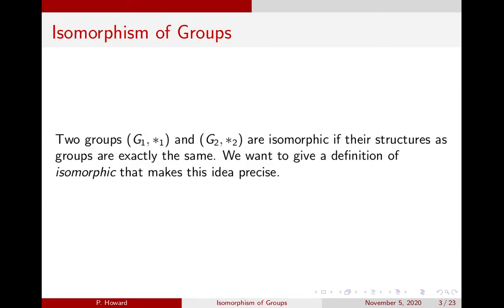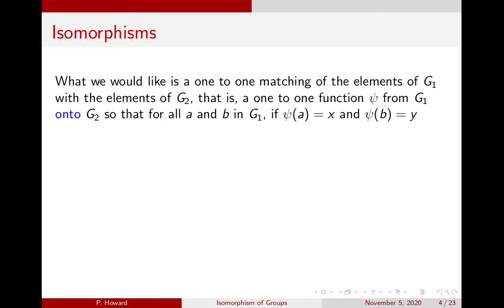So here's the general idea. Two groups are isomorphic if their structures as groups are exactly the same. So we want to give a definition of isomorphic that will make this idea precise. The first step is to define what's known as an isomorphism. So an isomorphism is a function that shows that the structures of the two groups are exactly the same.